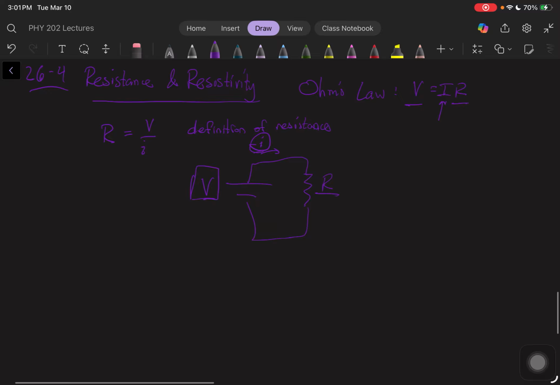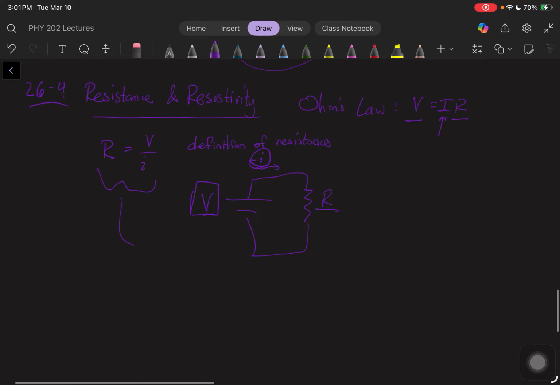And so this has to do with extrinsic properties, right? Just like capacitance did. You could very easily change any of these things and you would change the resistance you get, right? Well, not quite.